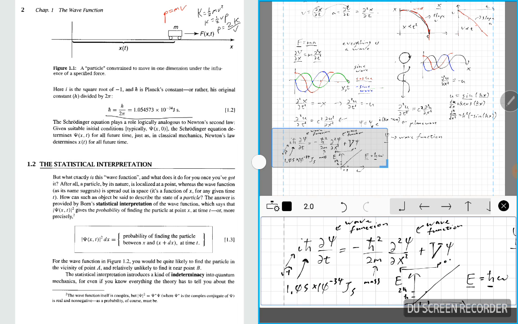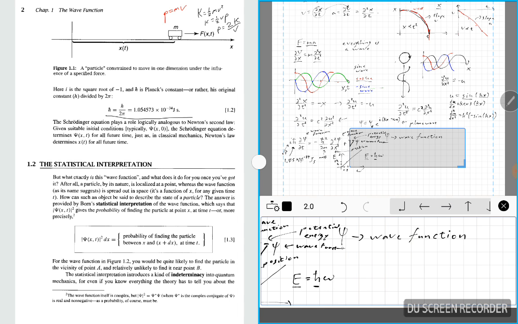So that's our position, plus the potential energy times the wave function again. Wave function.